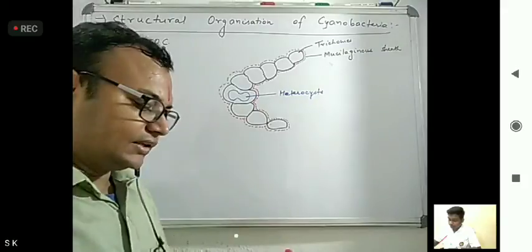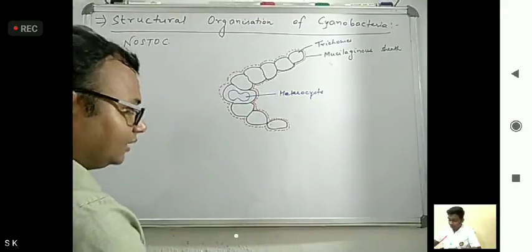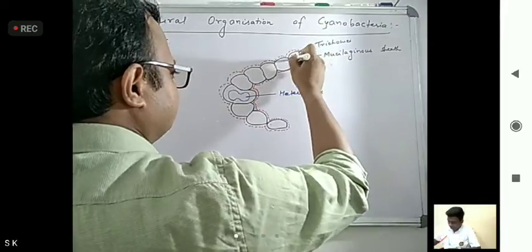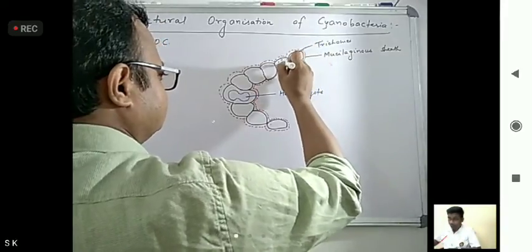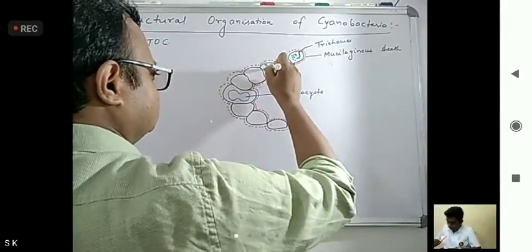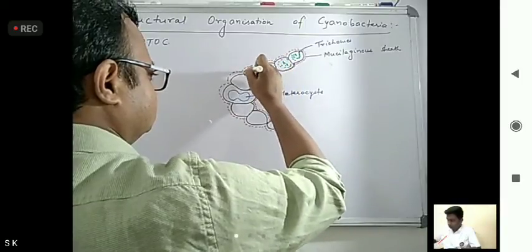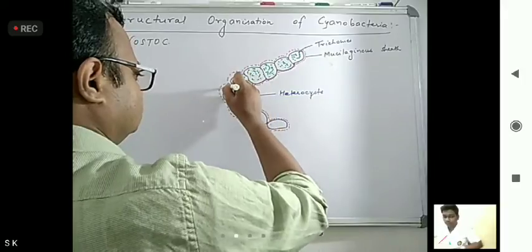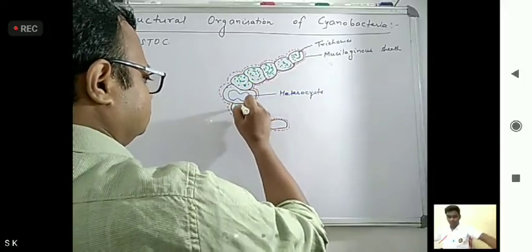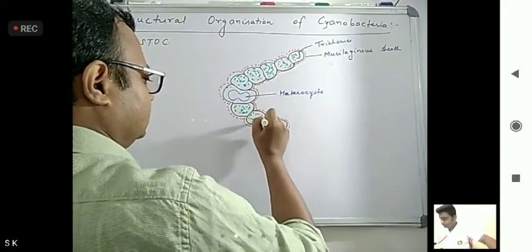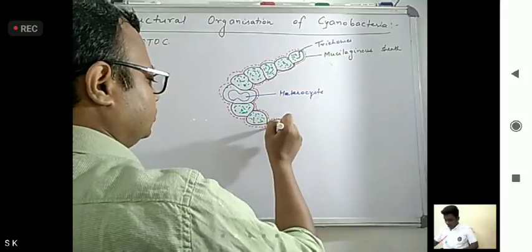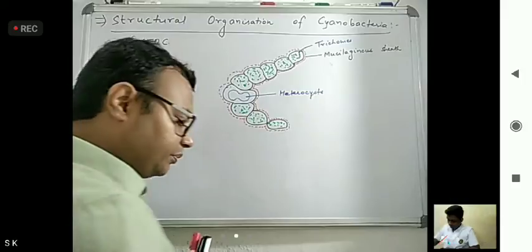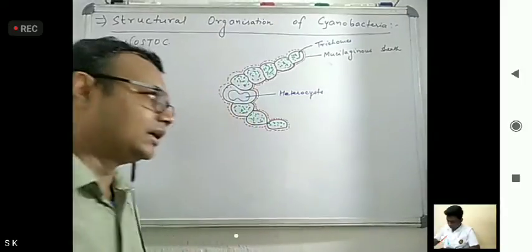Inside that, granular cytoplasm is present. In the Nostoc, where the heterocyst is present, no cytoplasmic contents are there.